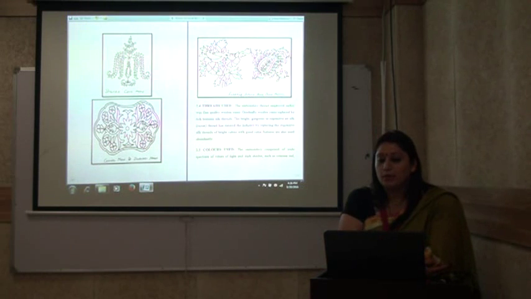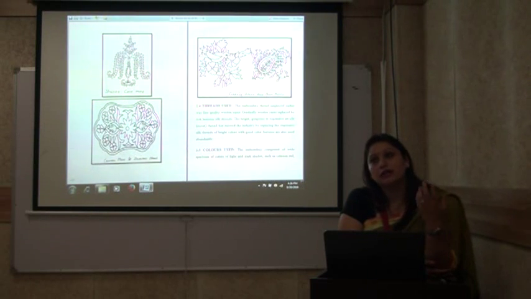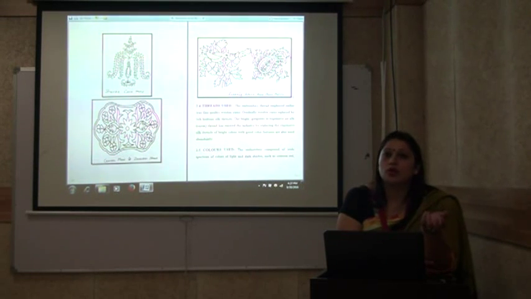Threads used. The embroidery thread employed earlier was fine quality woolen yarn or 100% silk yarn, but now with product diversification and lowering the economy and cost benefit analysis, cotton threads are also being used.